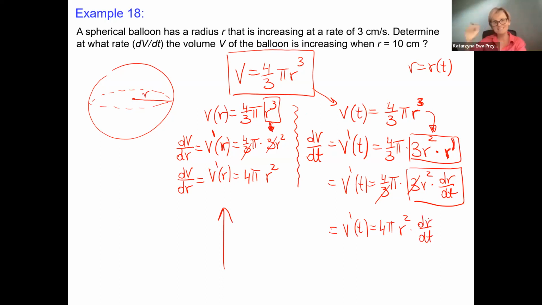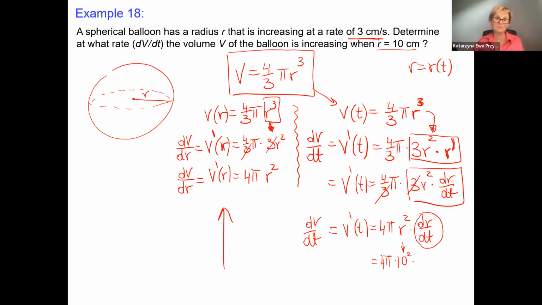And now they are asking us to determine the rate of change, dV/dt. This is actually the rate of change of the volume of the balloon, how the volume is increasing at the moment when the radius is 10. That's when we can substitute 10, r squared will be 10 squared, but we also know the rate of change because they provide it.